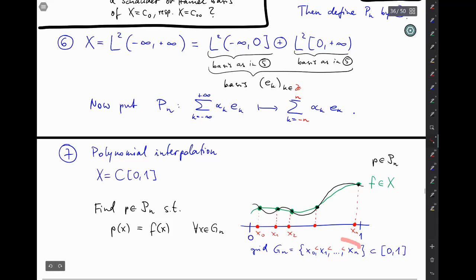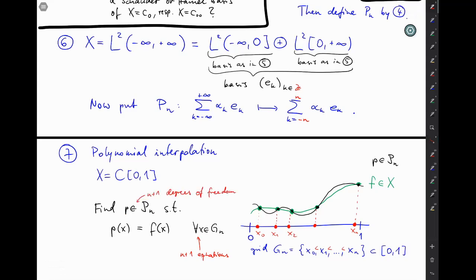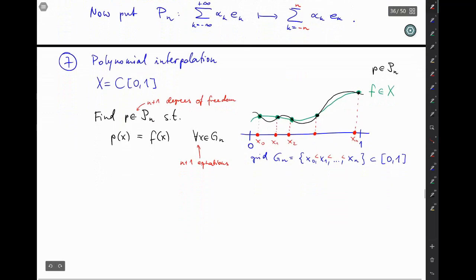Well, because we have n plus 1 grid points, this here corresponds to n plus 1 equations. But on the other hand, the polynomial of degree at most n has n plus 1 parameters, so we have also n plus 1 degrees of freedom here. Okay, in every basic numerics course you learn that therefore there exists exactly one unique polynomial p which does the job, and this is the so-called Lagrange interpolation polynomial.